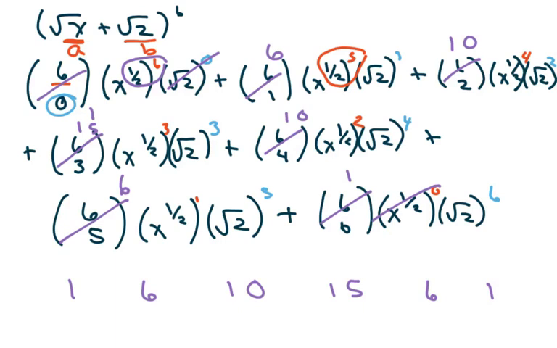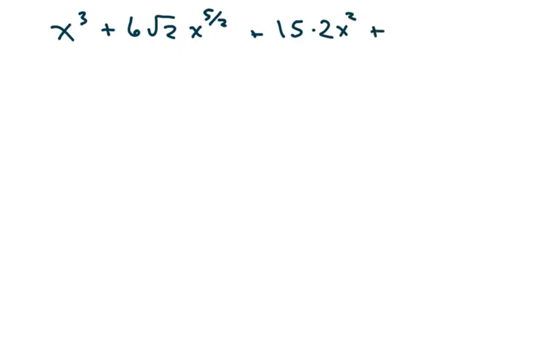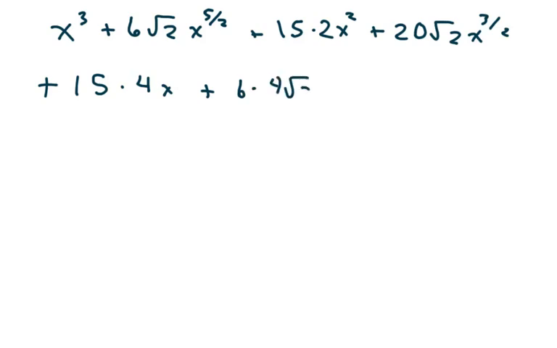So when I write all this out, what we're going to get is x cubed plus 6 times square root of 2 x to the 5/2 plus 15 times 2x squared plus 20 square root of 2 times x to the 3/2 plus 15 times 4x plus 6 times 4 square root of 2 times x to the 1/2 plus 8.